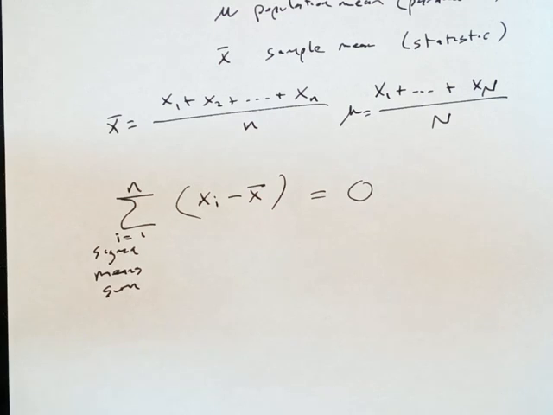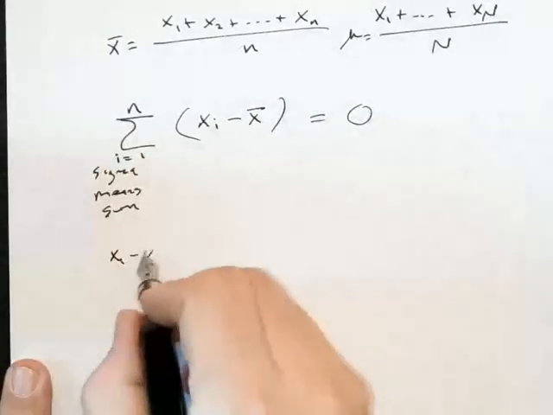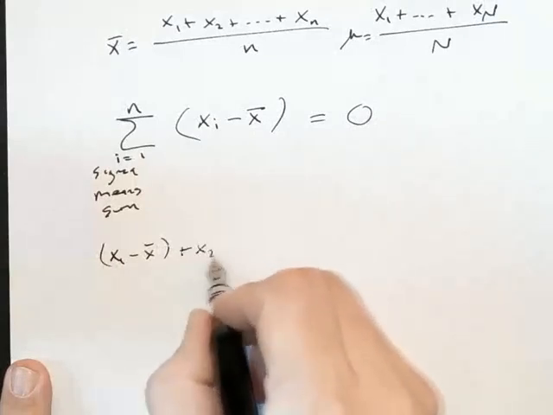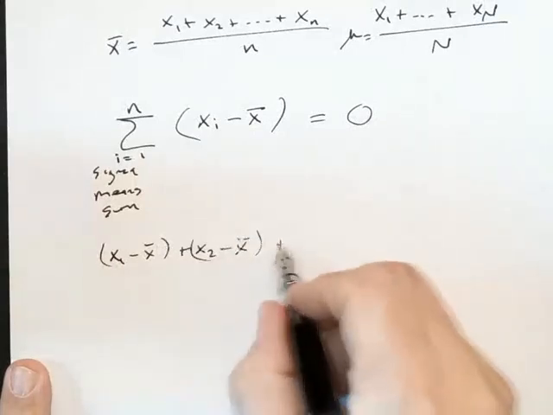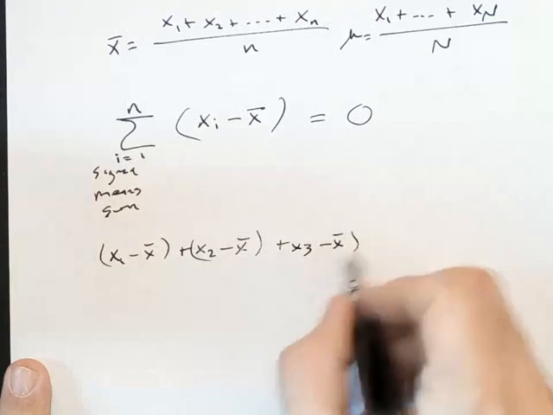So really what this left side is, it's x1 minus x bar, x2 minus x bar, plus x bar.